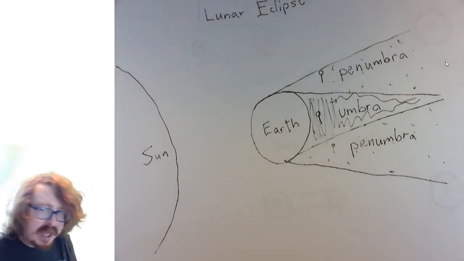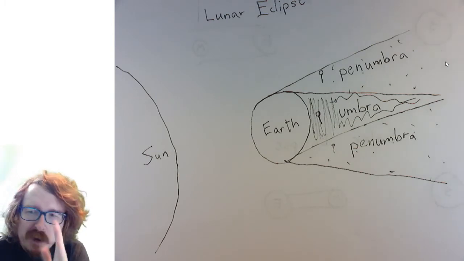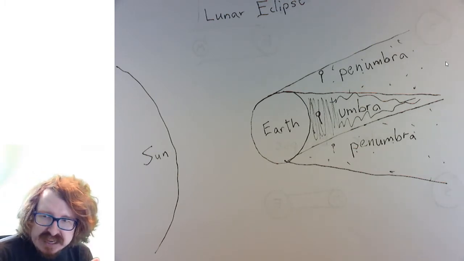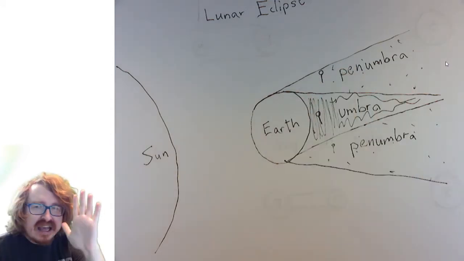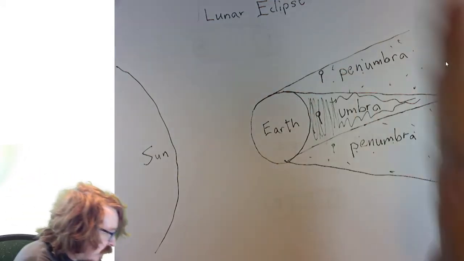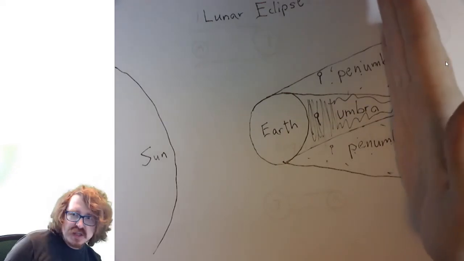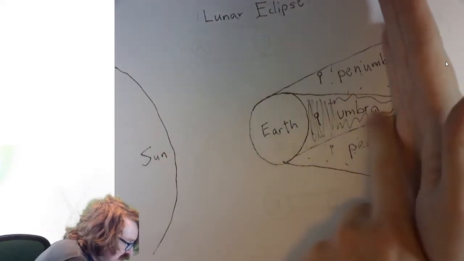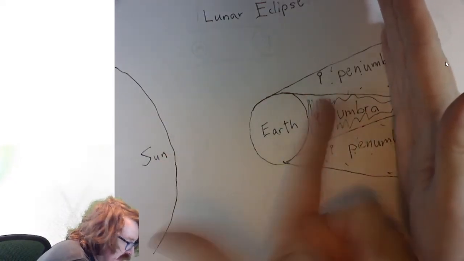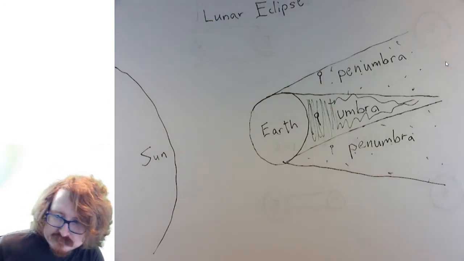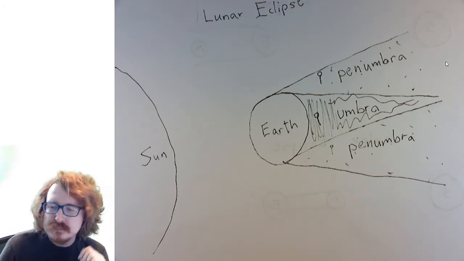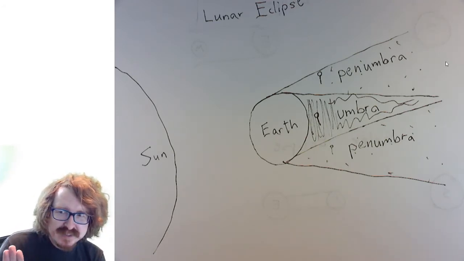Now, here we go. What shape would this shadow of the Earth be if we had a giant sheet of paper and put it right here, like this? What shape would the umbra be on a sheet of paper right here? Don't overthink it.